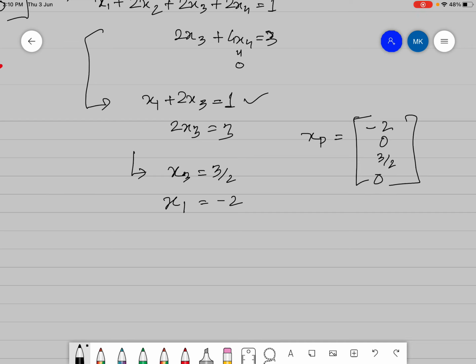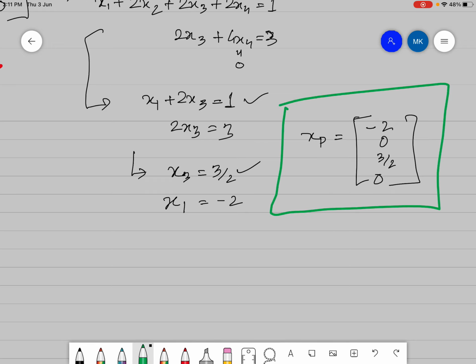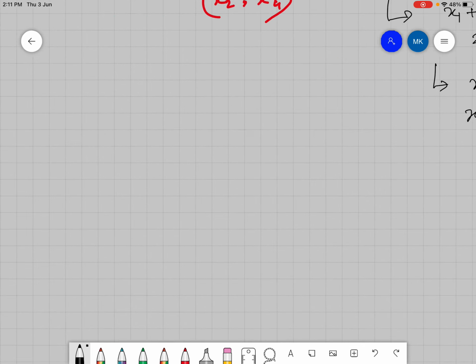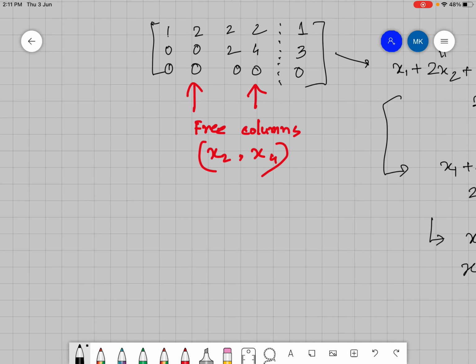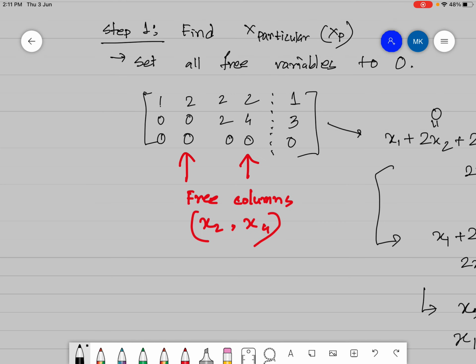So x3 is 3 by 2 and x1 is negative 2, and the other two free variables are 0, as you can see. Alright, so the first step is done.